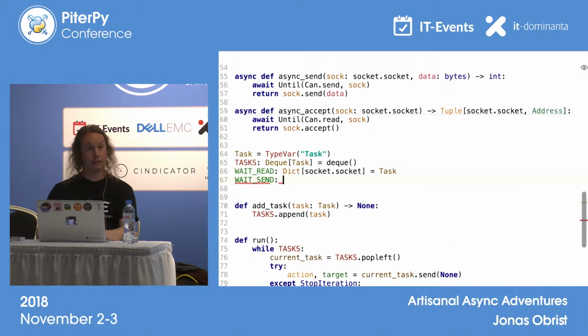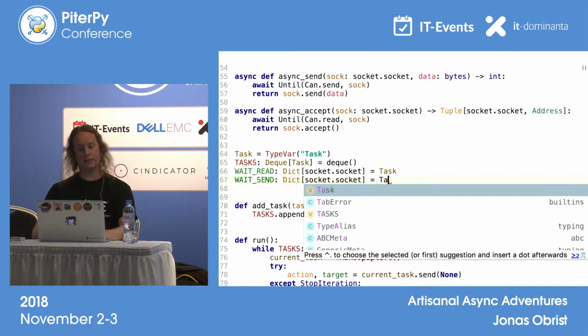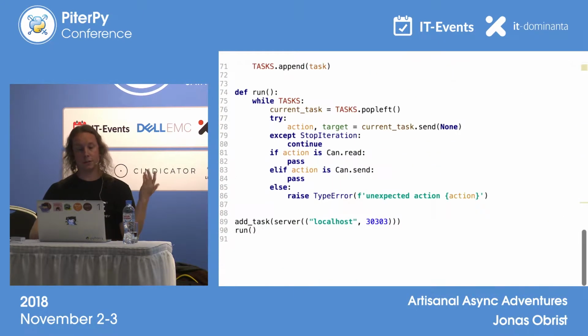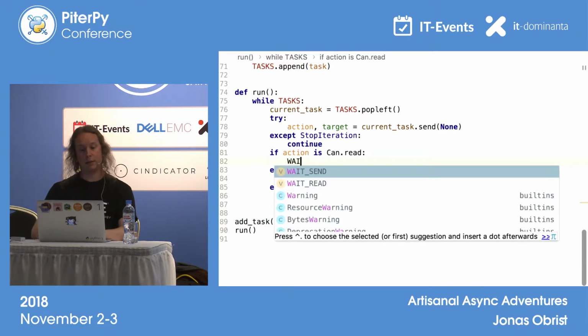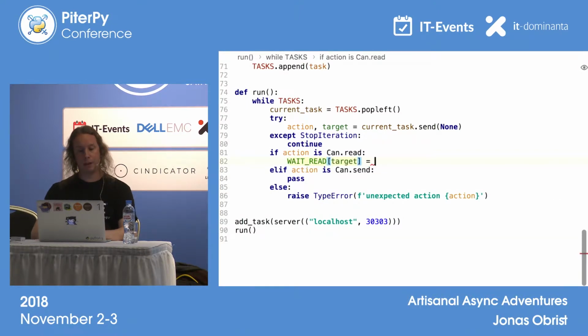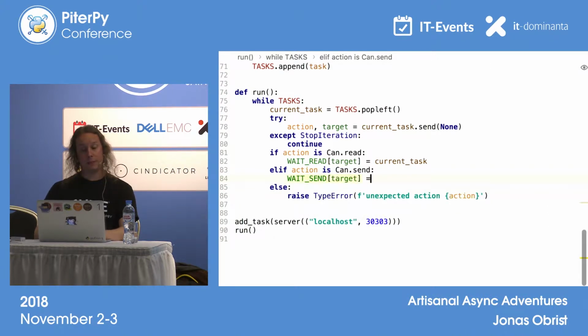And we'll make a separate waiting area for tasks that want to send. So that's just dictionaries. So when our current task wants to read, we will put it in the wait read waiting area with the target socket as the key and the current task as value. And the same deal if we want to send.